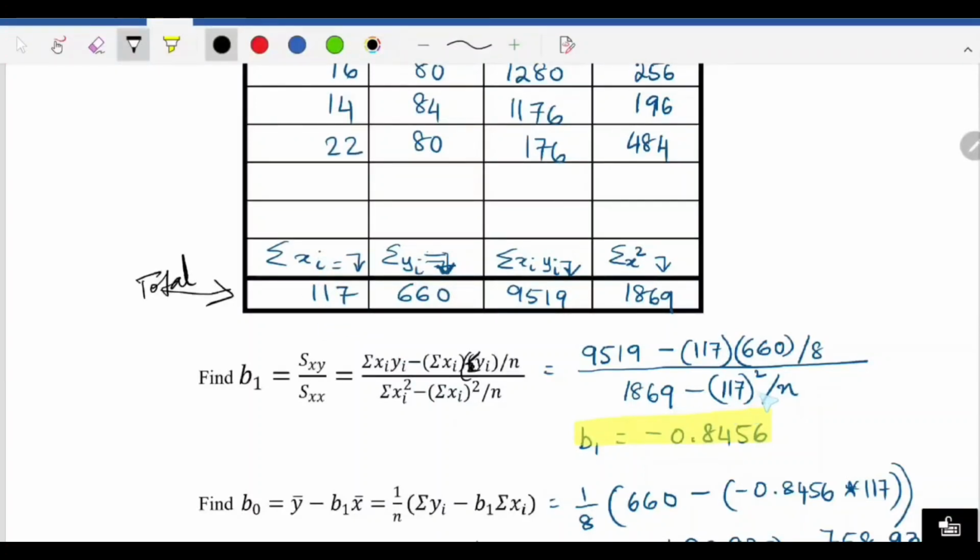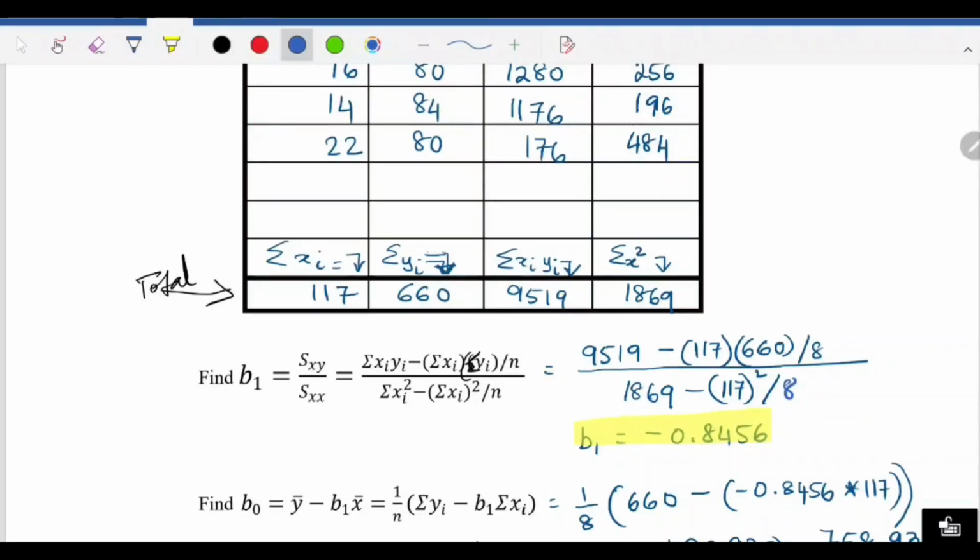So 117 whole squared divided by n. So that's actually, let me just erase this and write 8. That's 8, correct?